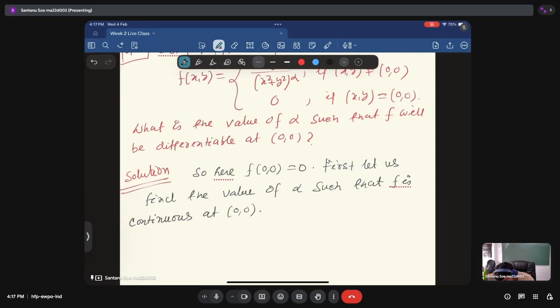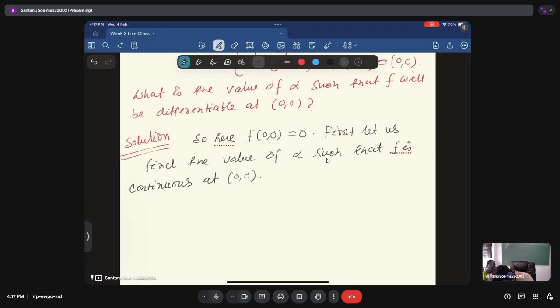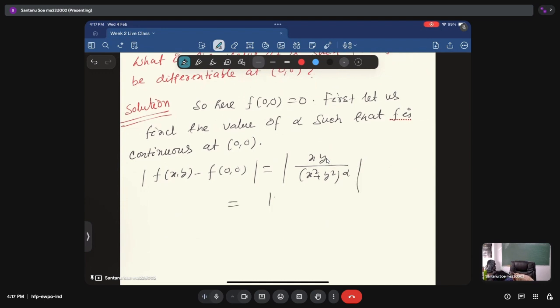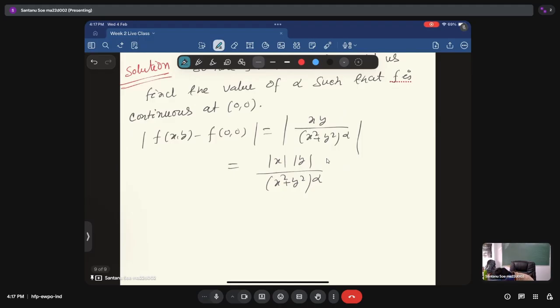So to make the function continuous at (0, 0), we need the epsilon delta definition. So this is nothing but xy divided by (x^2 + y^2)^alpha. Now this is same as |x| |y| divided by (x^2 + y^2)^alpha, right? So now this is less than or equal to sqrt(x^2 + y^2) times sqrt(x^2 + y^2) divided by (x^2 + y^2)^alpha.